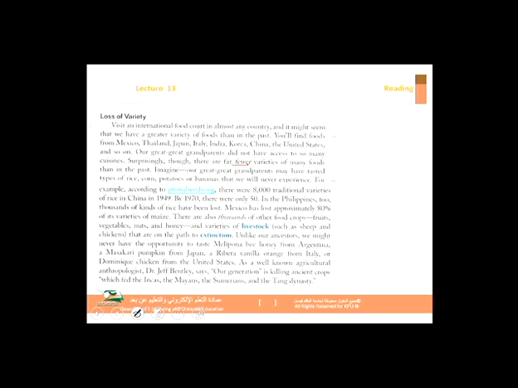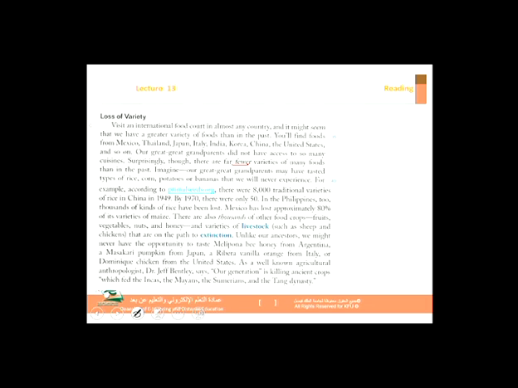For example, according to primalseeds.org, there were 8,000 traditional varieties of rice in China in 1949. By 1970, there were only 50. In the Philippines, too, thousands of kinds of rice have been lost. Mexico has lost approximately 80% of its varieties of maize.